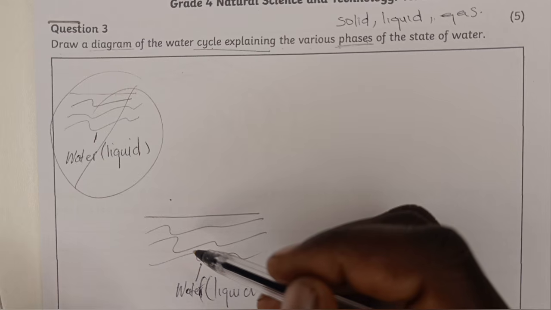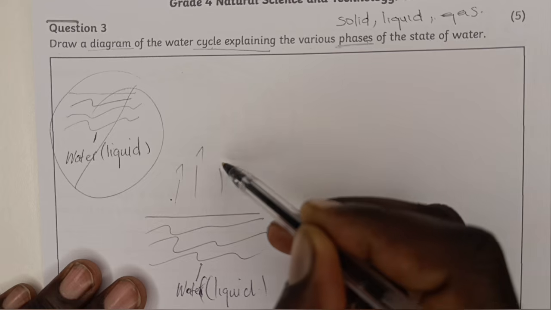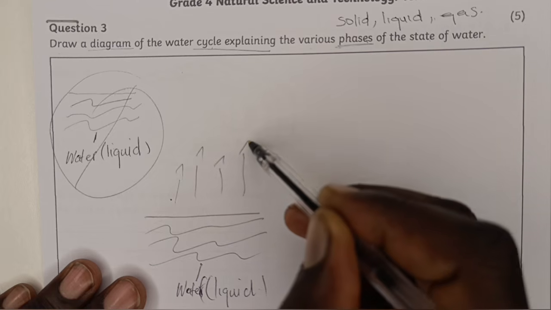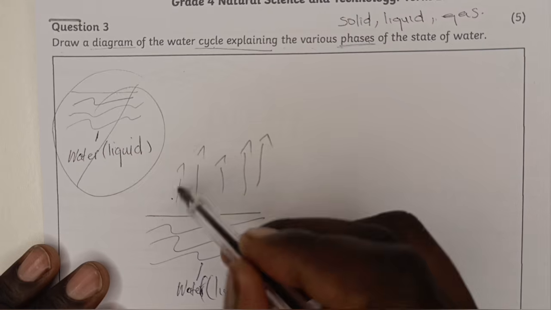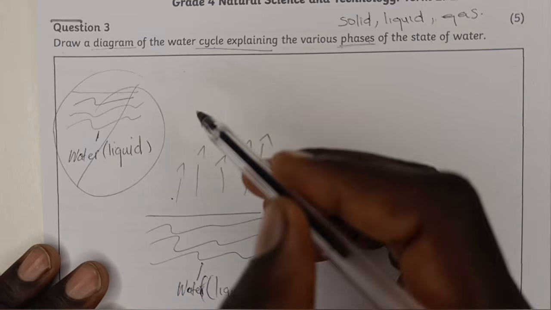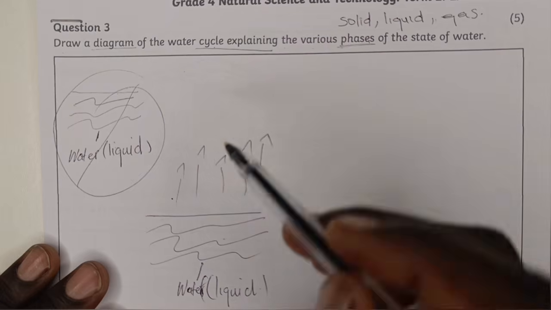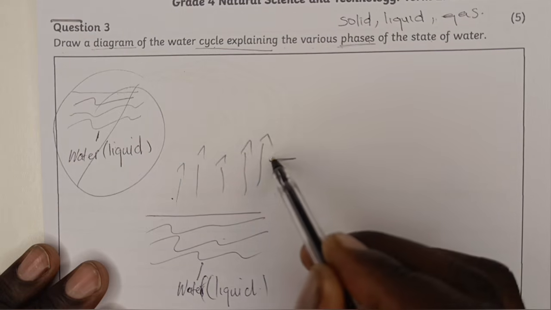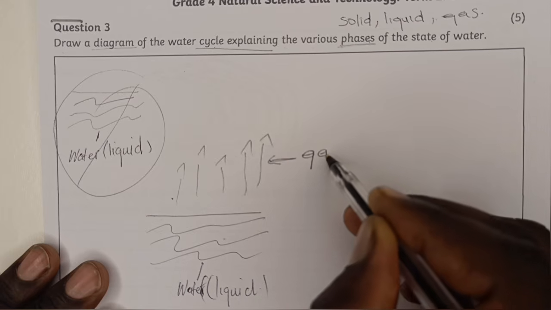So this water here from the sea can rise. So water can rise forming condensation. So this is water rising, and when this water rises, it becomes gas.